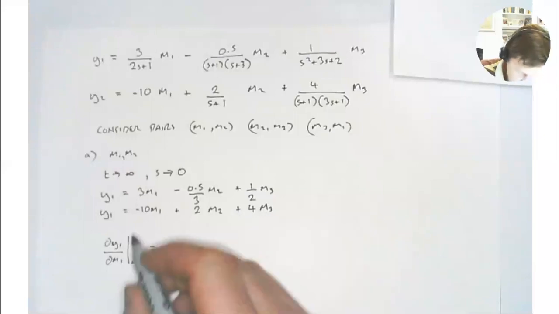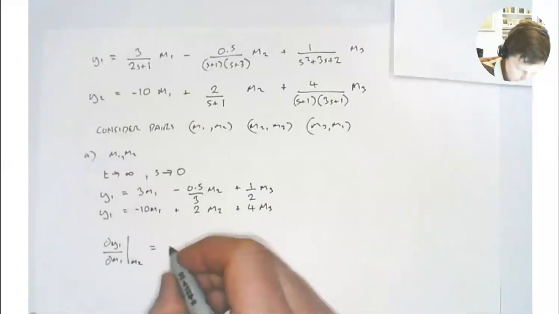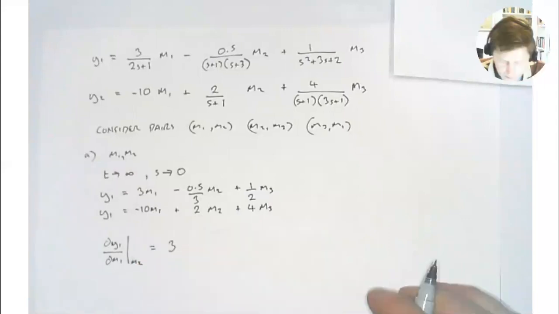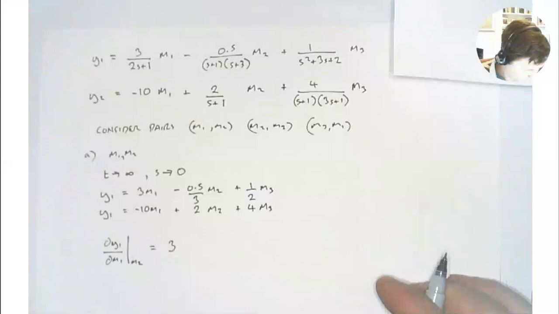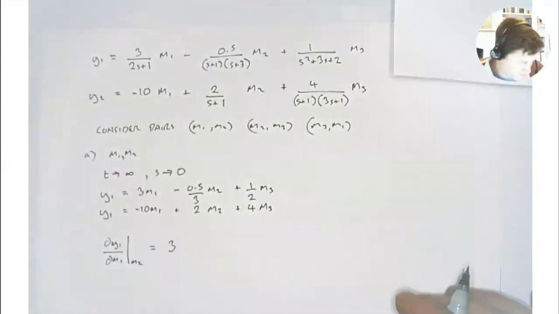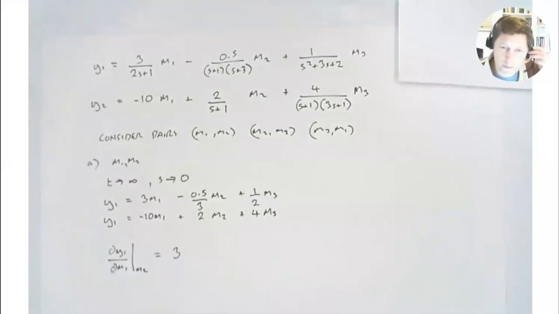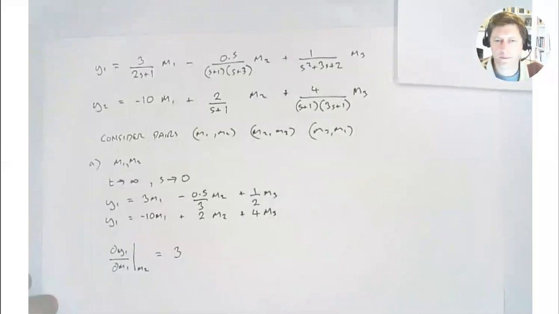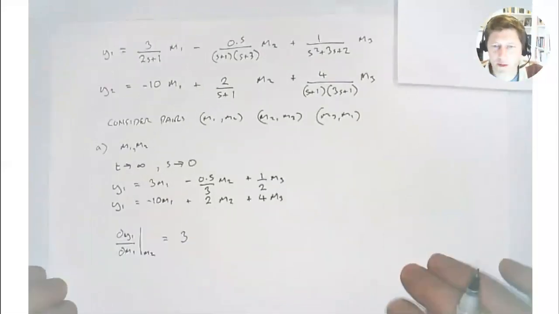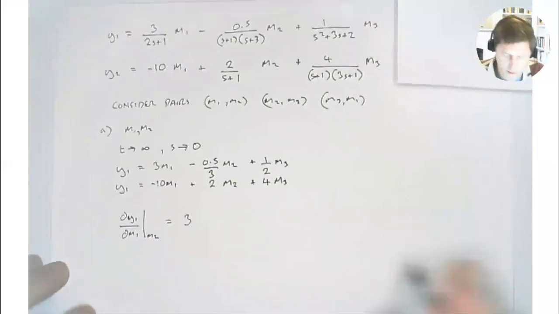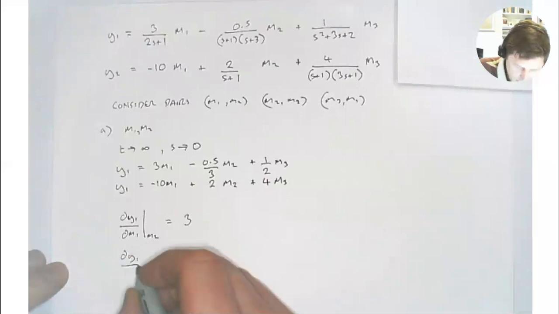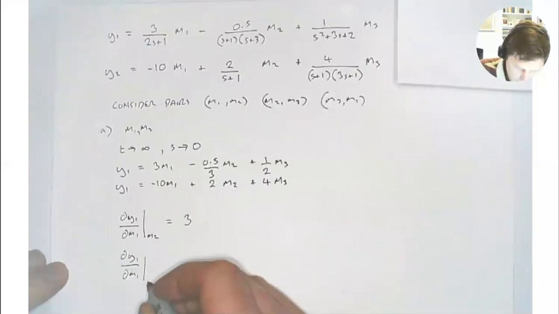And so that's going to be equal to 3. And now to do the next one, dy1 by dm1 when y2 is constant.